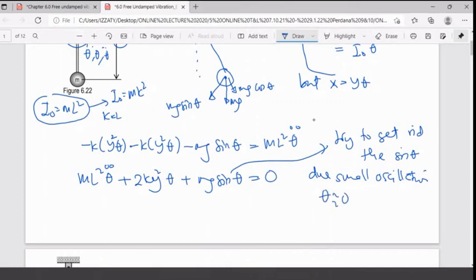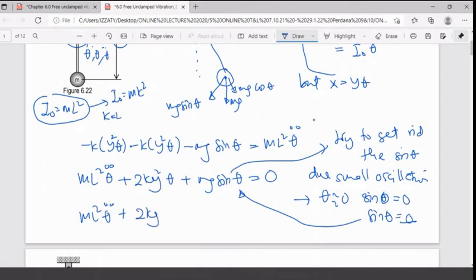So in mathematics, as theta has a tendency to become 0, you found that sine theta, sine 0 equal to 0. So sine theta equal to theta. So you put it here. So your equation now becoming ml square theta double dot plus 2ky theta square plus mg.